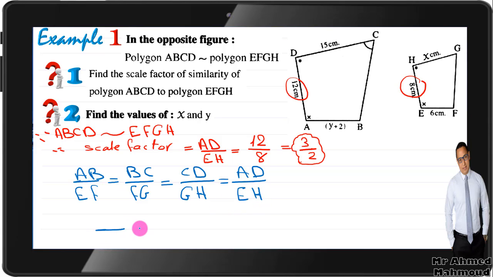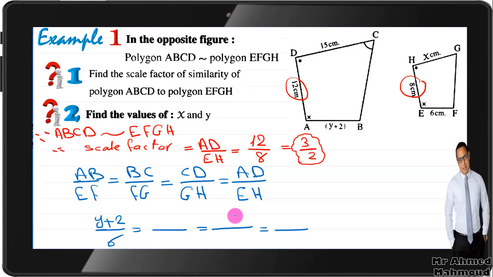Okay, now I'm going to substitute with the given ratios. AB over EF: Y plus 2 and 6. BC and FG do not exist, so I will not write this ratio.